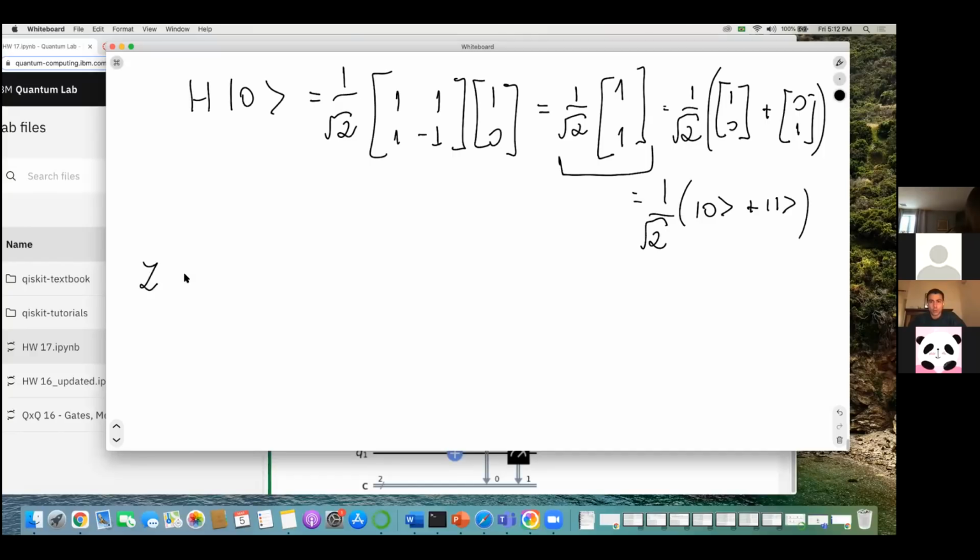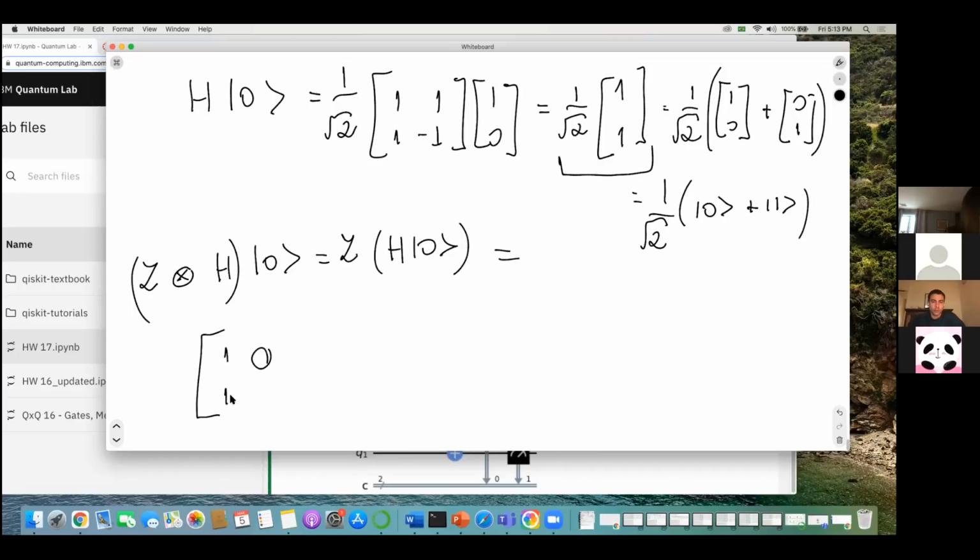So I'm gonna apply, that's the same as doing this. Okay, that's the same as applying the Z. That's the same as doing, as I defined the Z matrix before. Oops, 0 here.